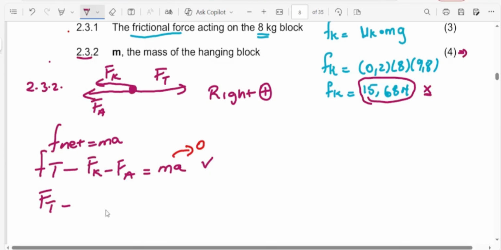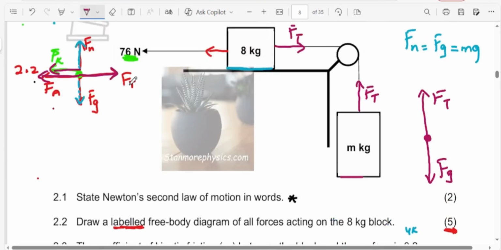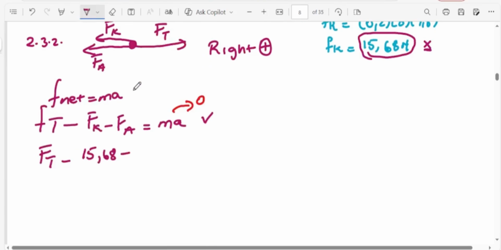Right? So now we're going to minus the Fk. We substitute this as 15.68, minus the applied force, which was given as 76 newtons. So I'm going to minus 76 and equate this to 0. Now, this is easy. We just have to isolate the tension.